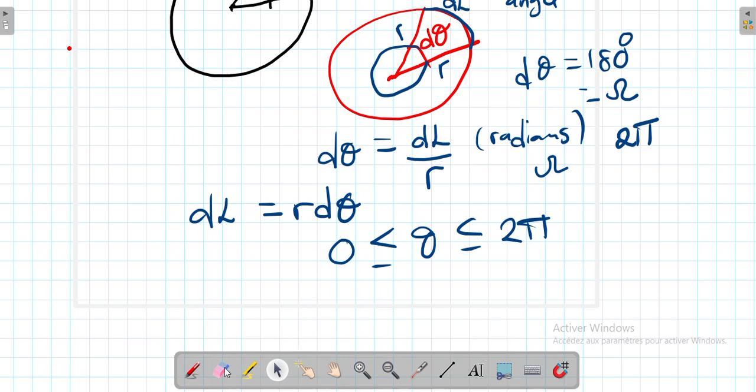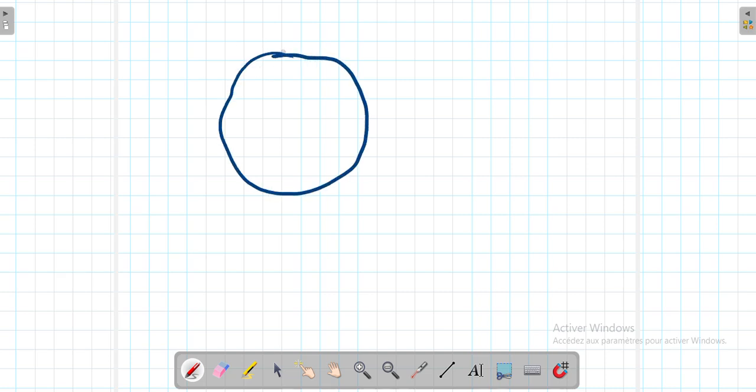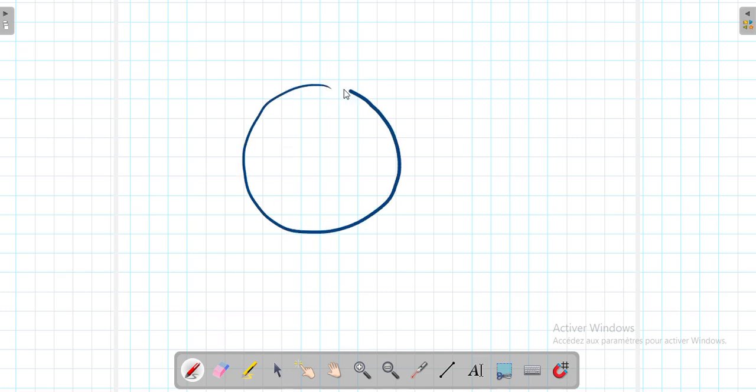Now, let us look at the concept of solid angle. This is something that you guys don't know. Imagine this is a sphere, not a circle. Then we have an elementary surface on the sphere.